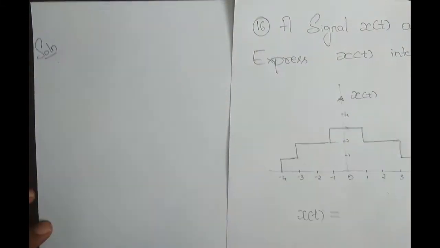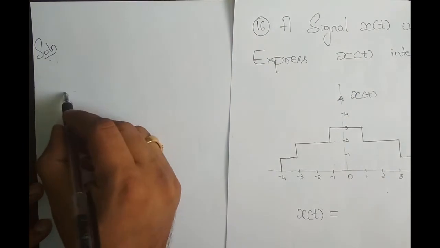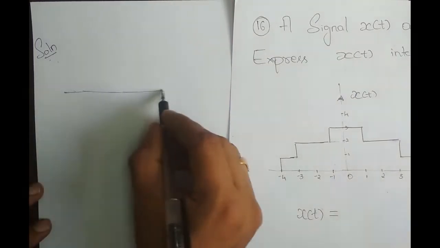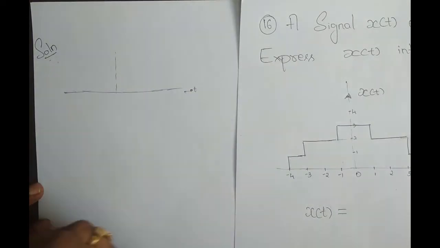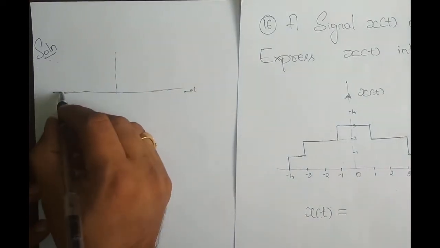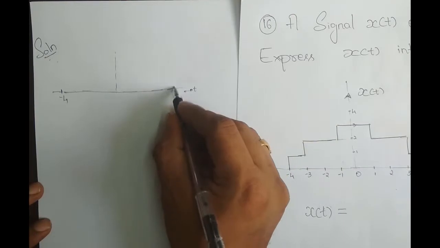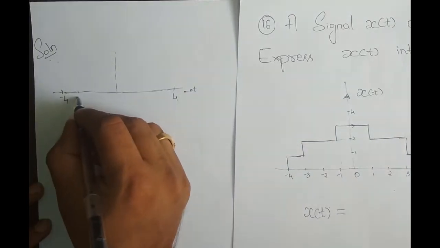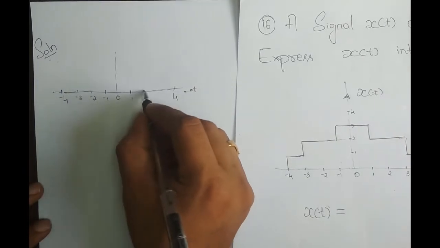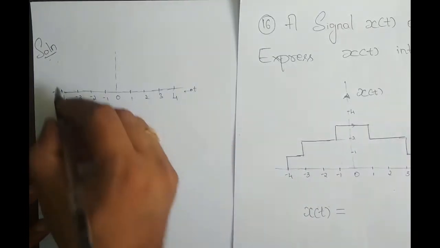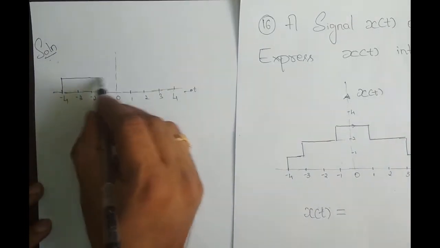So the solution to this problem is, first signal is a signal where t is varying from -4 to 4: -4, -3, -2, -1, 0, 1, 2, 3, 4. So this is the first signal.